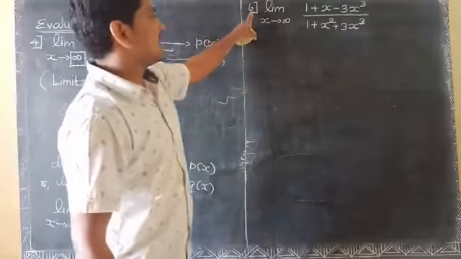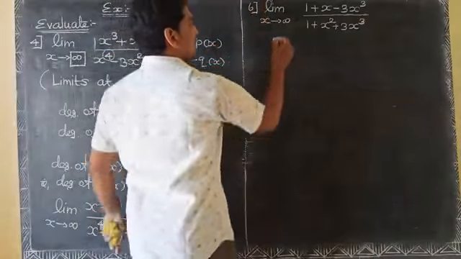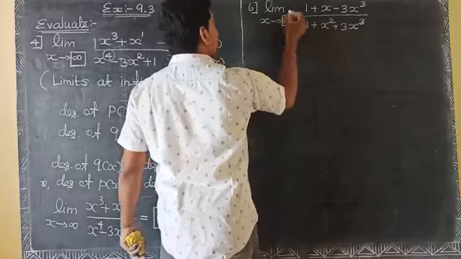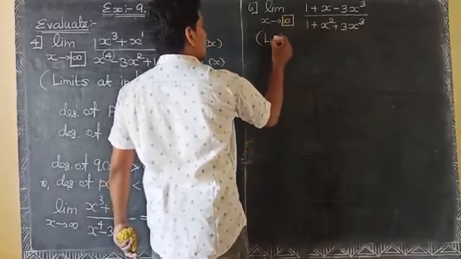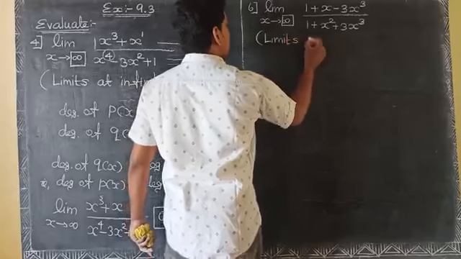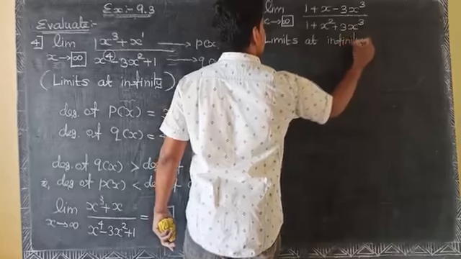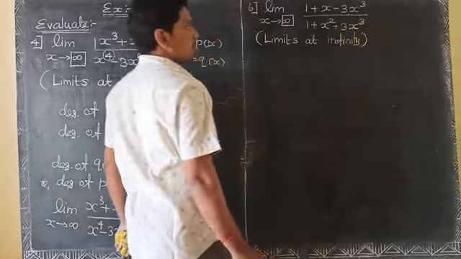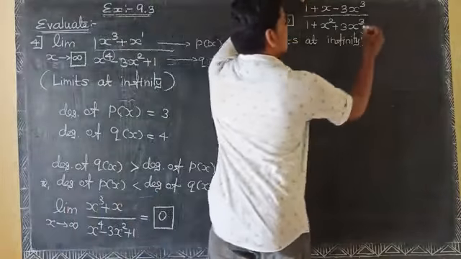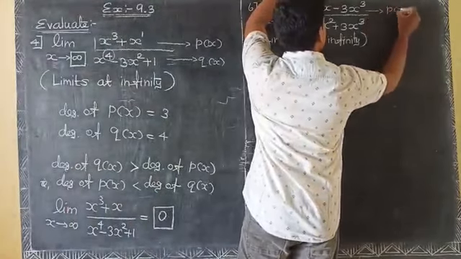Next, question number 6. The limit as x approaches infinity means limits at infinity. Here this is p of x, this is q of x.